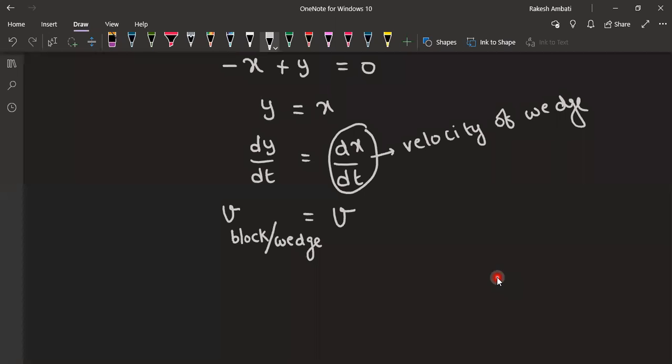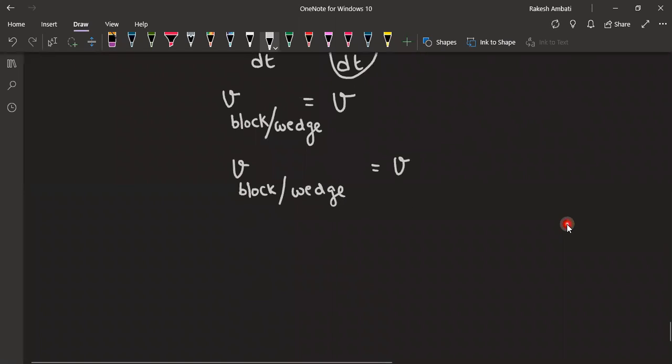Write down please first of all. Therefore, finally here what we got? Velocity of the block with respect to wedge equal to v. So you try to get this logic point.